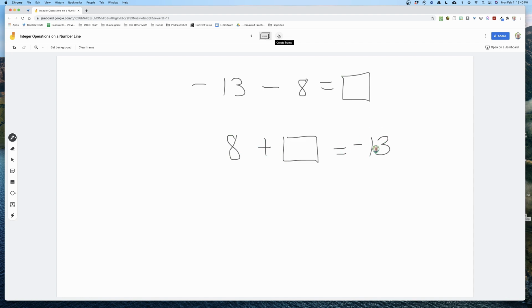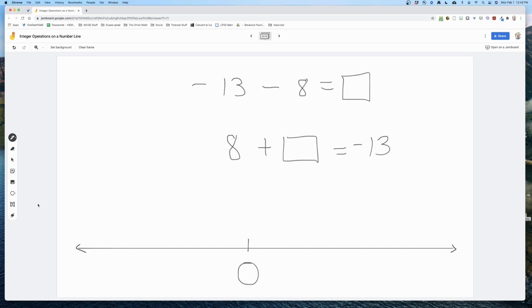So that becomes 8 plus what gives us -13. Let's draw that on our number line. There's our line, and it doesn't matter where our 0 is, I'll put it right there.